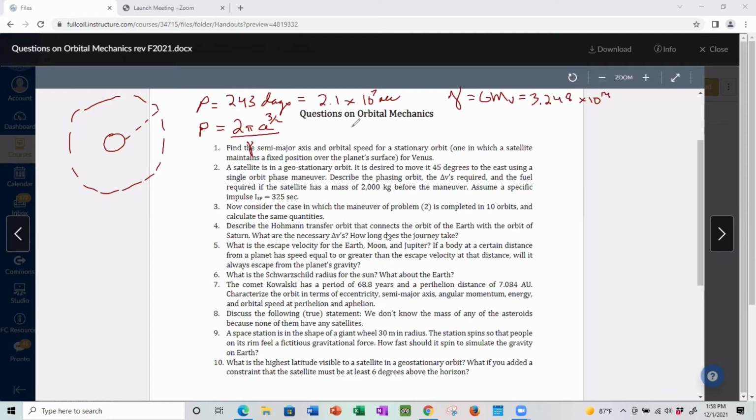So A is equal to the period times the square root of gamma, all divided by 2 pi, quantity to the 3/2 power. Okay, somebody work that out for me.